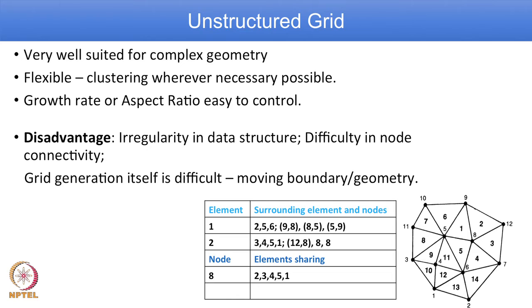Now, when it comes to a moving boundary, a problem where the geometry is moving, for example an elastic material, a moving balloon, or flow induced vibration, grid generation and verification of the generated grid at every instant of time requires enormous computational time, and there is a difficulty before going to the solution.